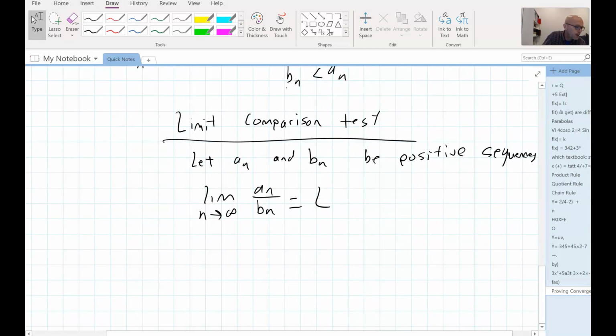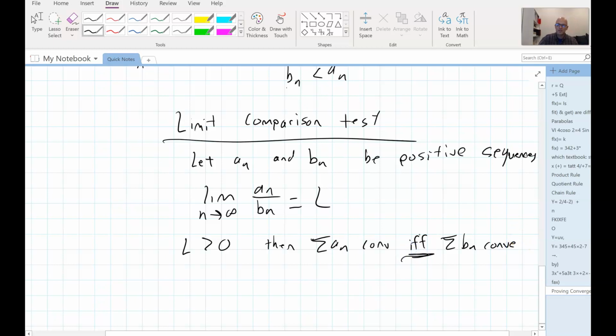If L is greater than 0, then the series associated with a sub n converges if and only if the series of b sub n converges. Now this if and only if means it goes both ways.